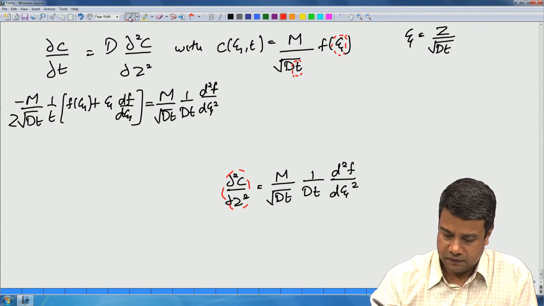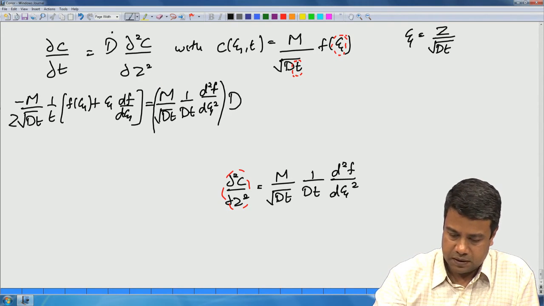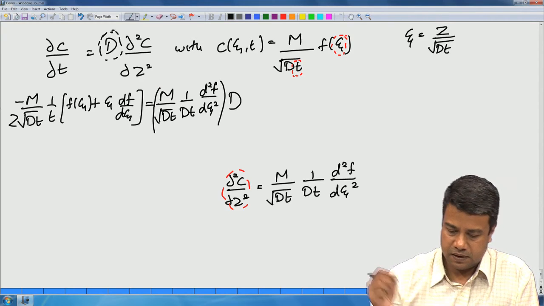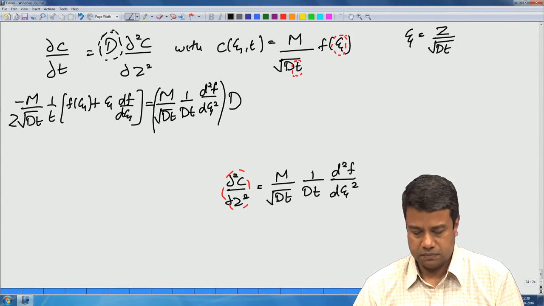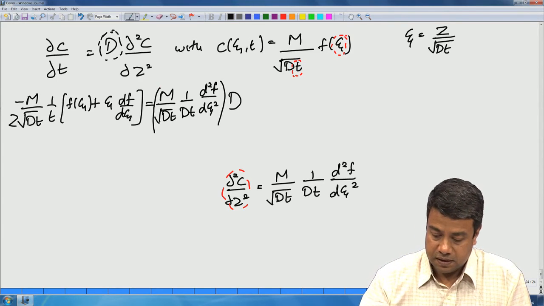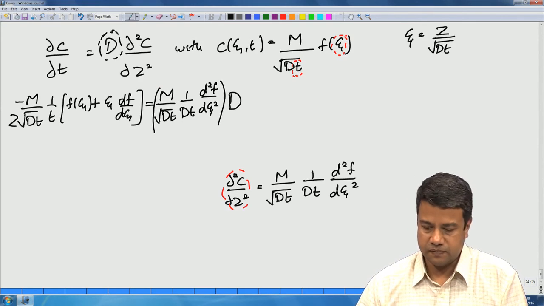And that derivative of course has to be multiplied by the diffusion coefficient. So, that is the equation that we have derived in terms of the similarity transform, the transformed variable.